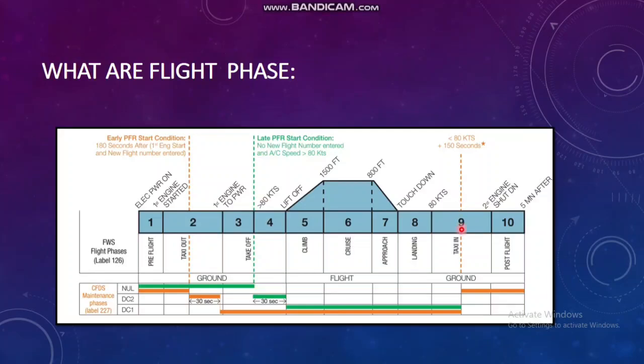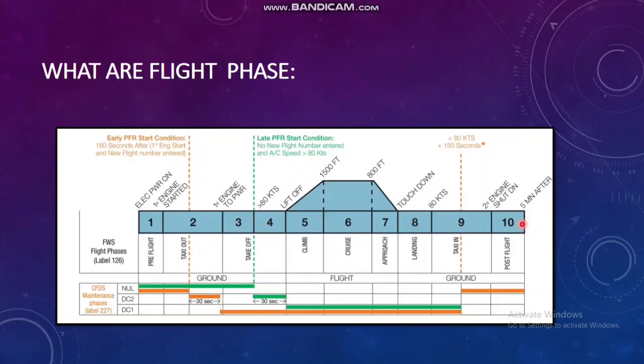Then 80 knots plus the second engine shutdown, taxi into the bay, will come in phase 9. And phase 10 means 5 minutes after engine shutdown. So that's why once the engine is off, you still see FedEx is on, in a simple way. So this is all the 1 to 10 flight phases.